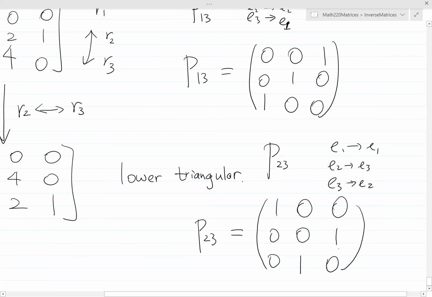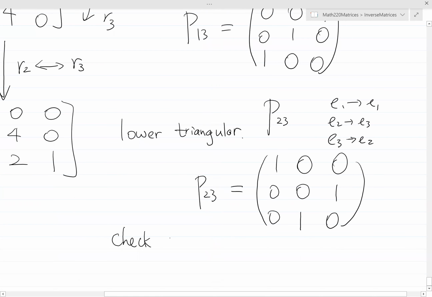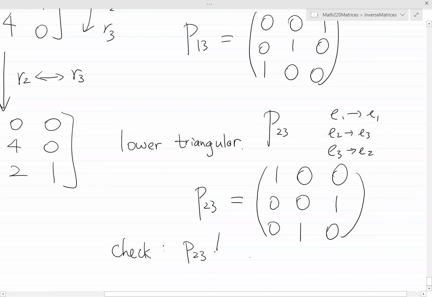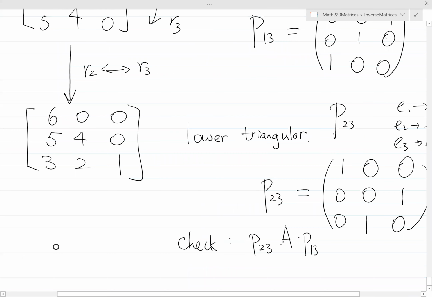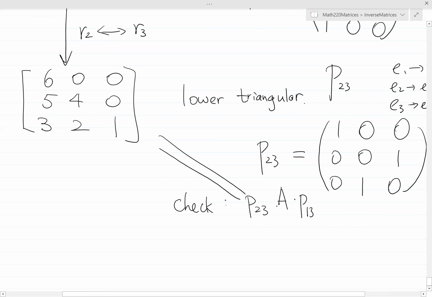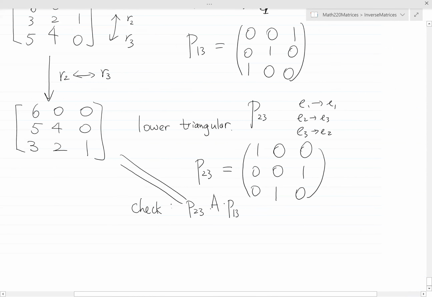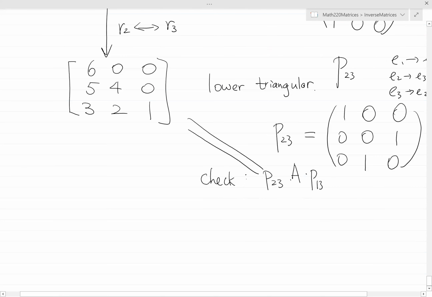Now you check this matrix multiplication: P23 times A times P13 is exactly equal to the matrix that we get. Check that. We will not check this here; it is straightforward multiplication. Once you work it out, you'll find it is exactly equal.